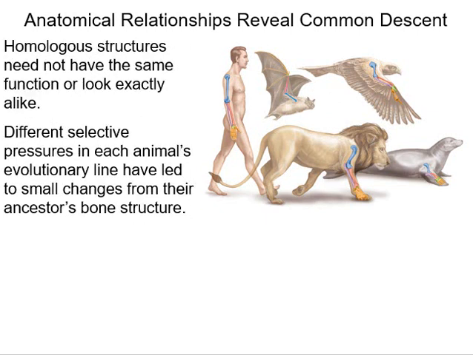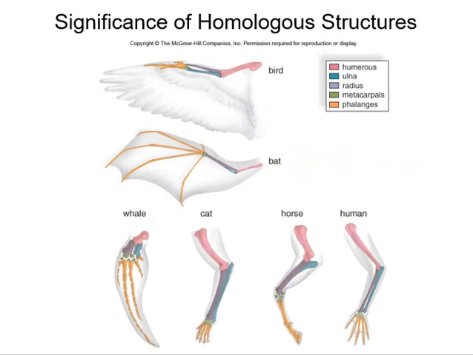Okay. Homologous structures don't have to have the same function or look exactly alike, but since they all have the same number of bones, that is indicative of a common ancestry. Here's some more. This gives you kind of a better look at some of these different homologous structures.